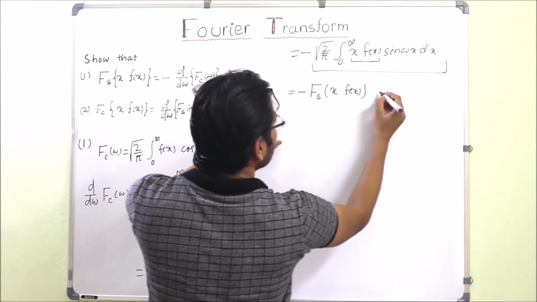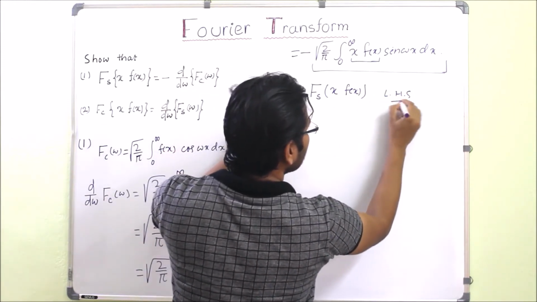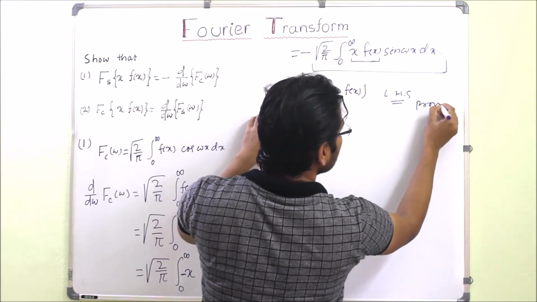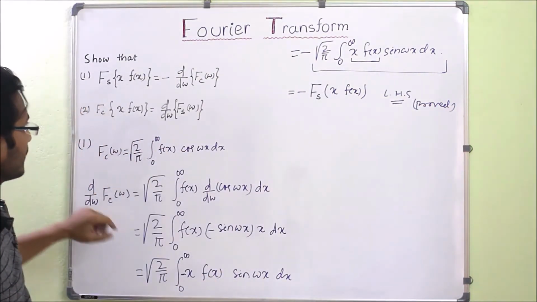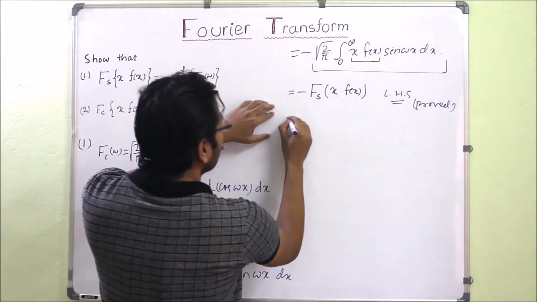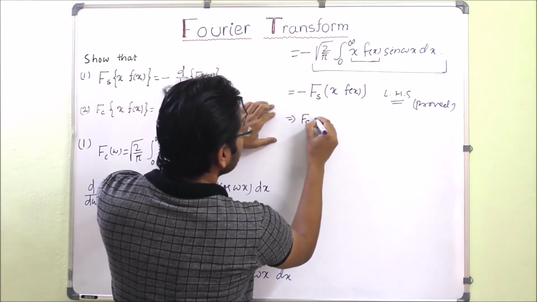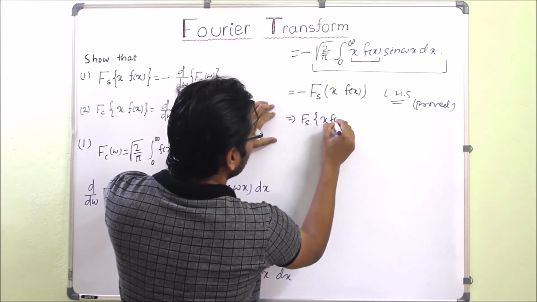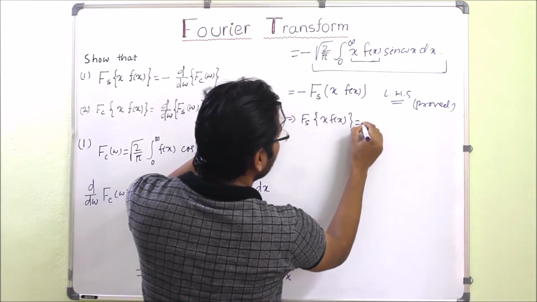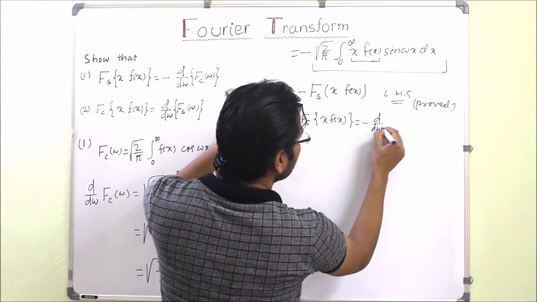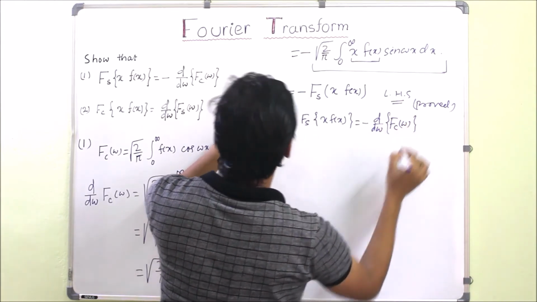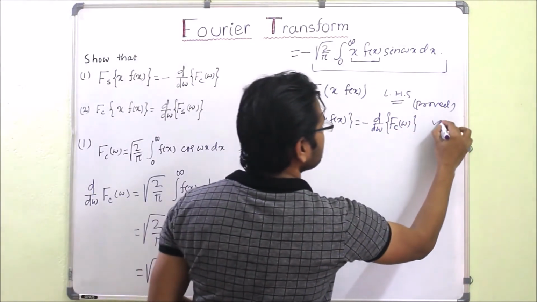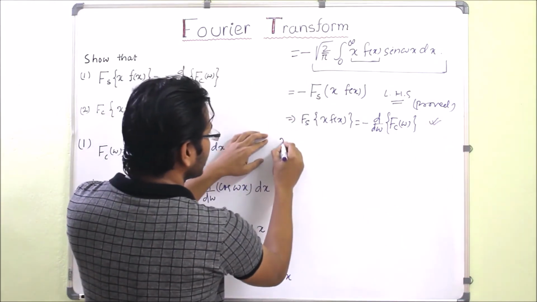So here we got the LHS. So it is now proved. The first relation is correct. That means we can write Fs of x f of x will be minus d by dw of Fc of w. This one is now correct. Similarly, we will prove the second one.